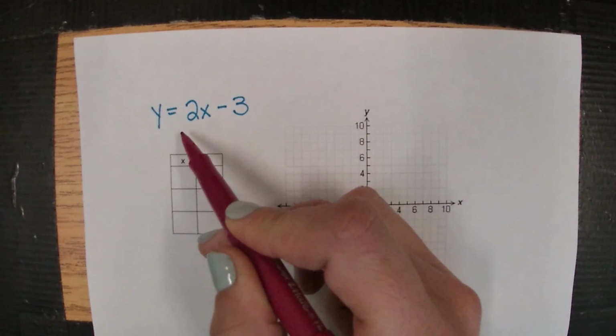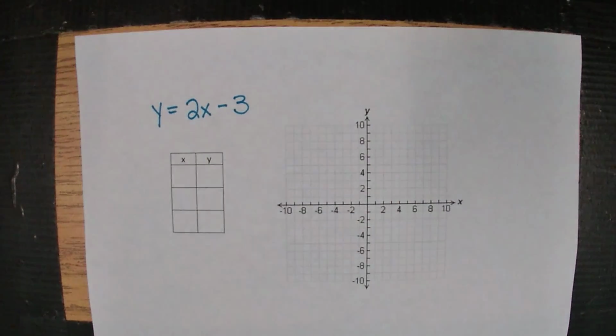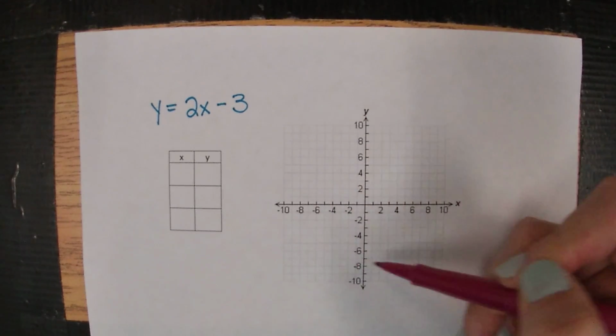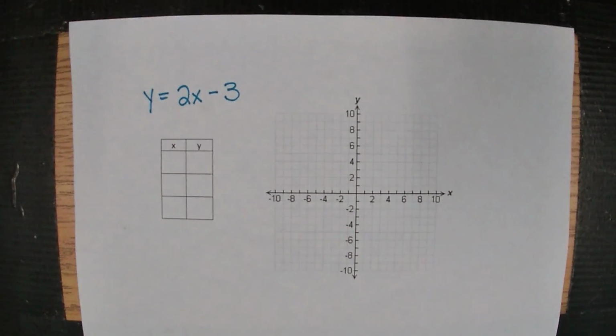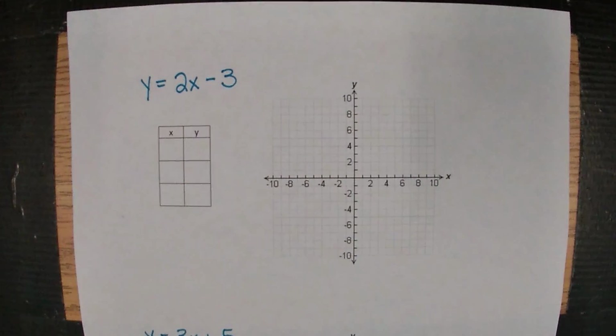Okay, so remember, we said there are an infinite number of values we could plug in for x. We could plug in 17, we can plug in negative 0.5, we can plug in 2,563,000. But we want to focus on some numbers that are going to get us right on this 10 by 10 coordinate plane, this 10 by 10 graph, so that we're not graphing something that's hugely ginormous.